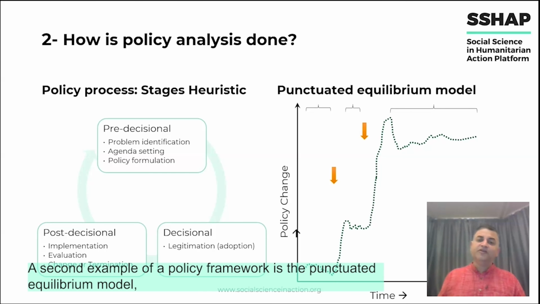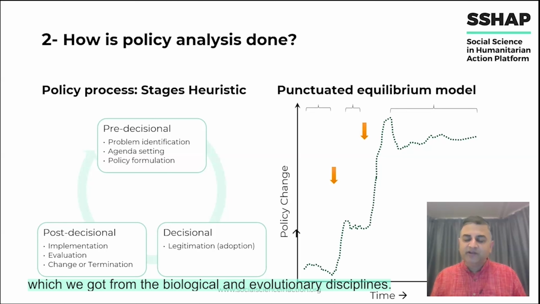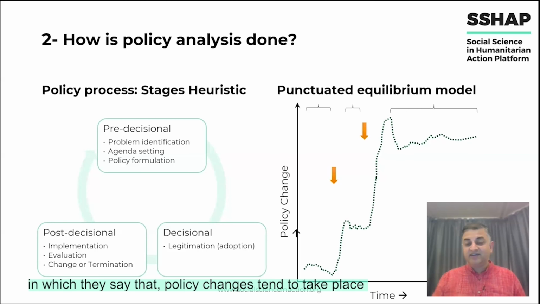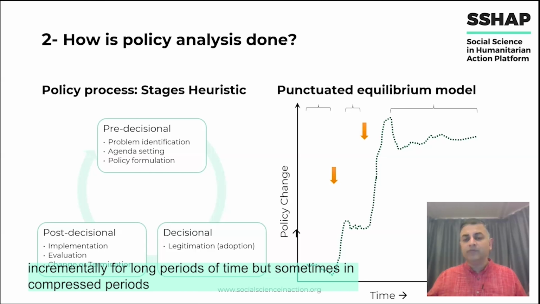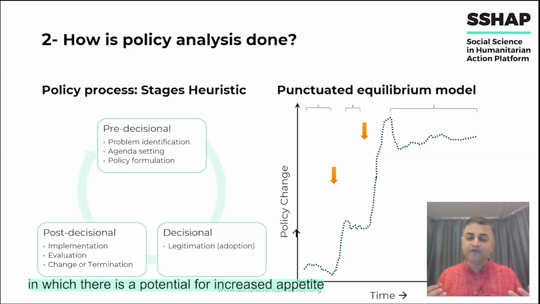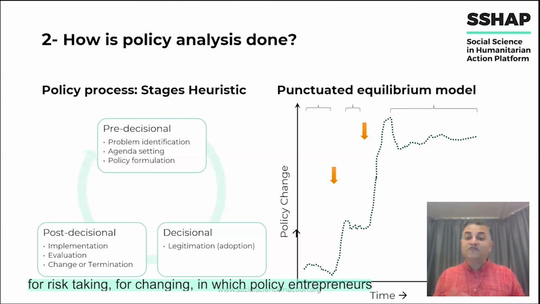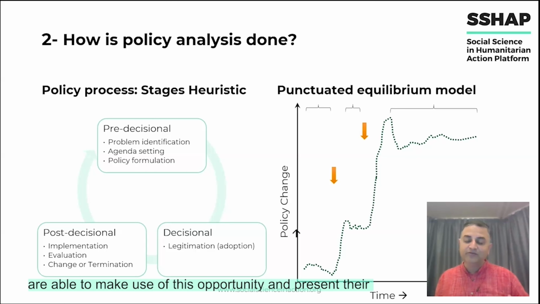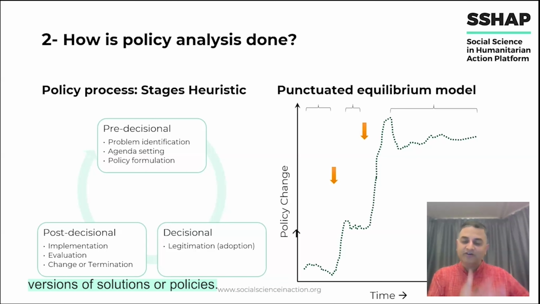A second example of a policy analysis framework is the punctuated equilibrium model, which we got from the biological and the evolutionary disciplines, in which they say that policy changes tend to take place incrementally for long periods of time, but sometimes in compressed periods, there's some window of opportunity in which there's a potential for increased appetite for risk-taking, for changing, in which policy entrepreneurs are able to make use of this opportunity and present their versions of solutions or policies.